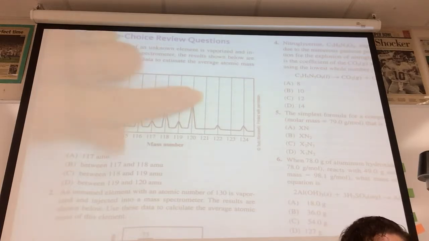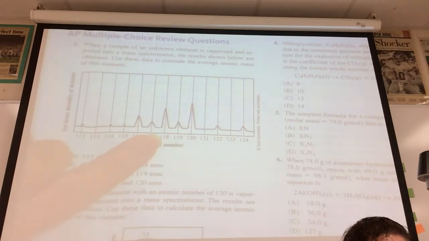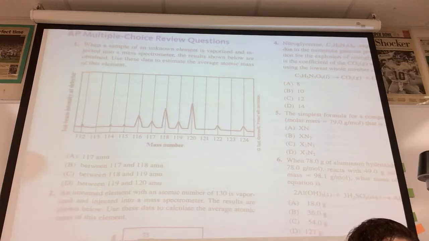You can see the highest peak is at 120, but there's a pretty good sized peak at 118. Would you guess the mass number to be 117? Probably not. Between 117 and 118? Getting closer. Between 118 and 119? Probably. Between 119 and 120? Close but no cigar. I agree with you. The answer is C. Alrighty?